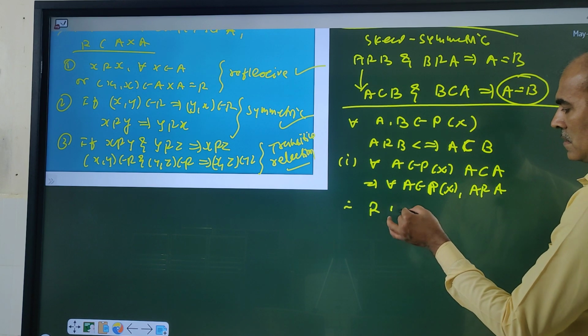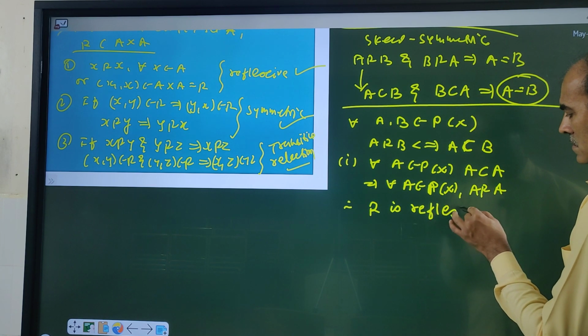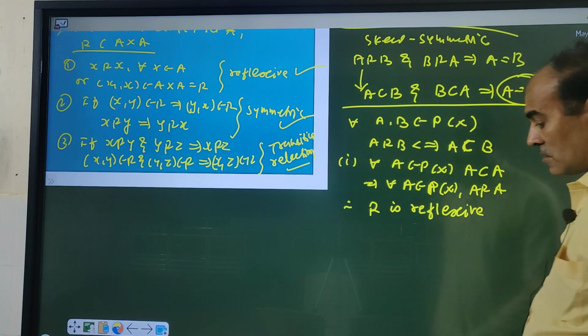And therefore R is reflexive. Now it is not symmetric.